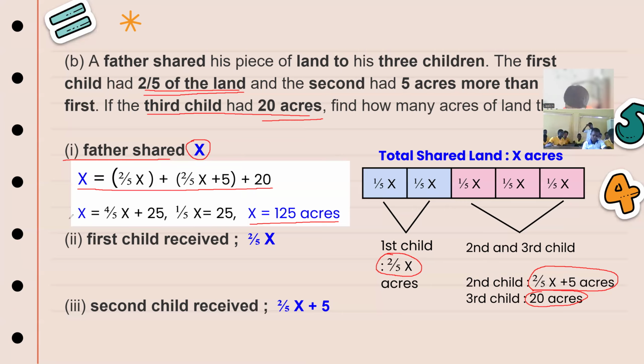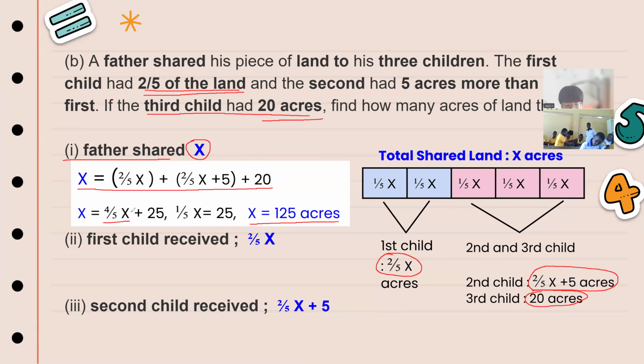So that's how we find x. We have 2/5x plus 2/5x, which is 4/5x. And then we have 5 plus 20, which is 25.